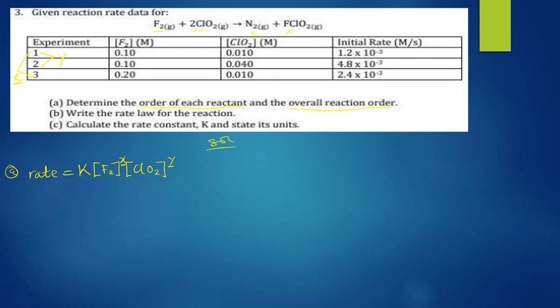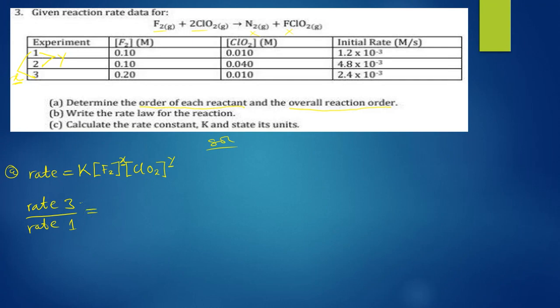So let's start here. We're going to say let rate for experiment 3 over rate for experiment 1 is equal to.